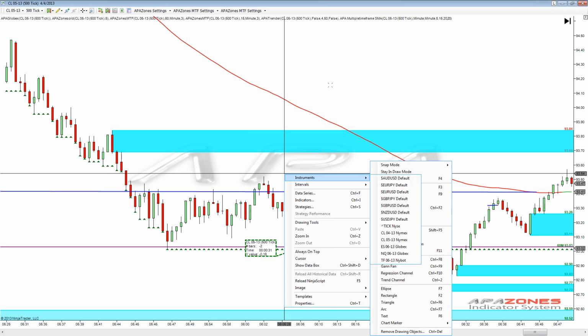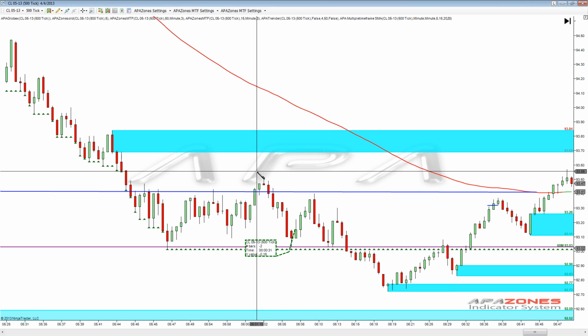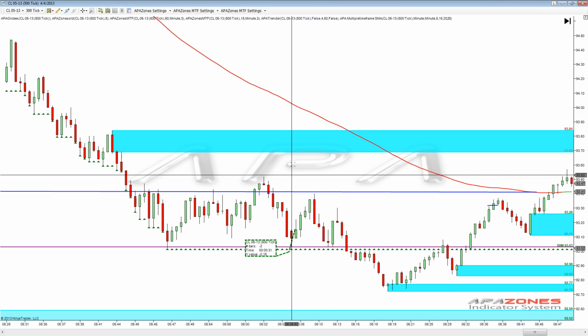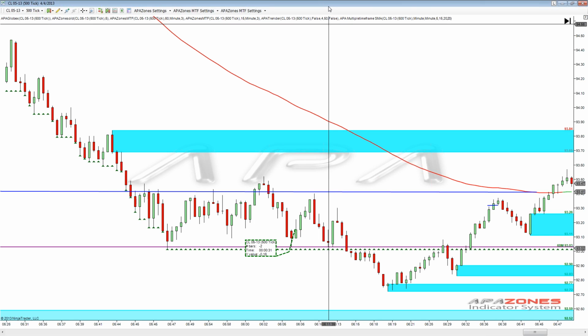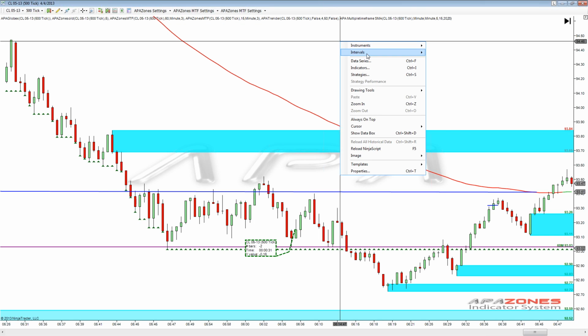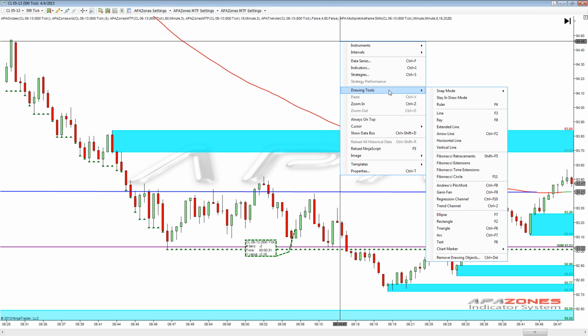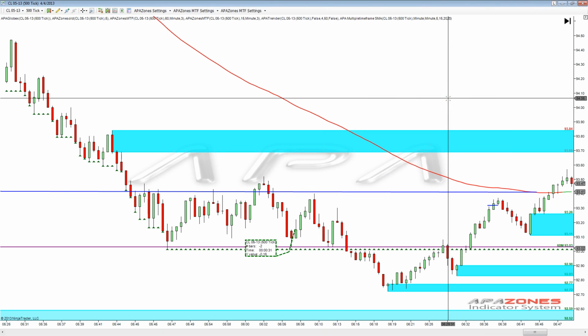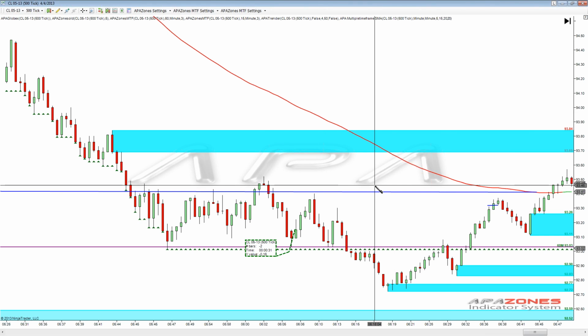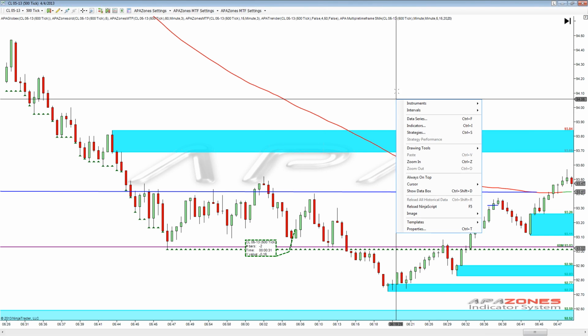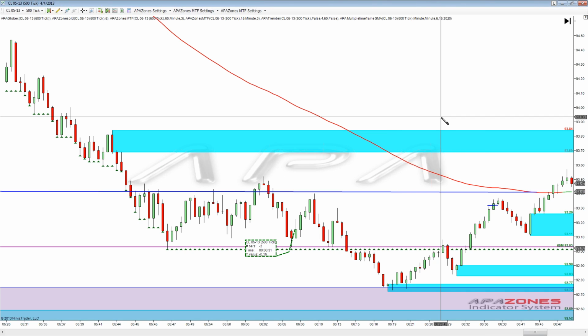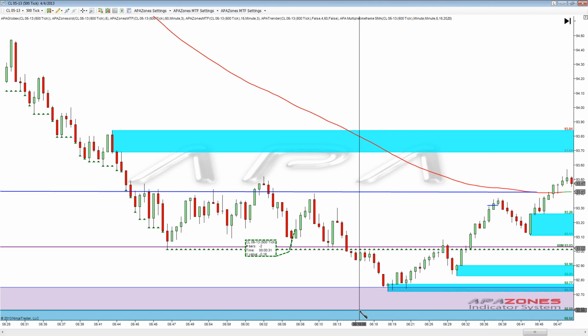Appears that I'm having some issues with my circle tool. Actually, with all my tools. Let me see if I can figure this out here. Stay in drawing mode. Let's try that. Whoa.